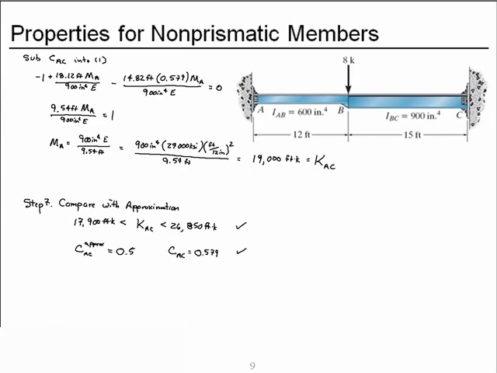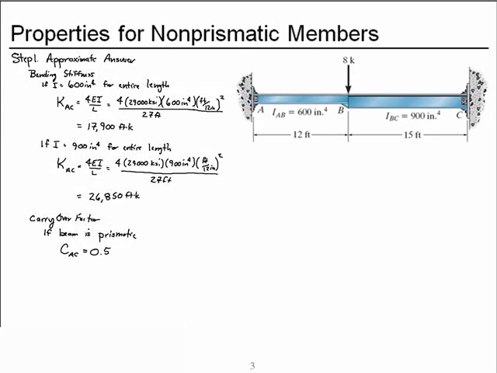Now let's go back and review the process we followed to obtain these results. We started by approximating the answer, and for bending stiffness we calculated the stiffness for a prismatic member with the smaller moment of inertia. We recalculated it with the larger moment of inertia, and we recognized that the actual bending stiffness of the non-prismatic member must be between those two values.